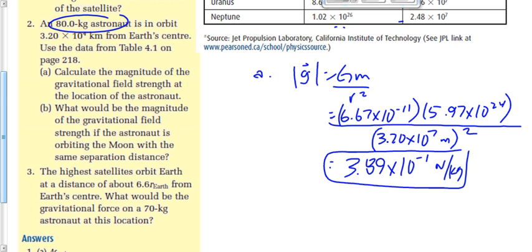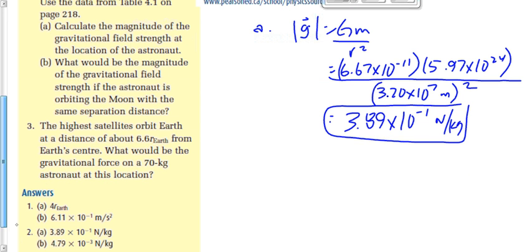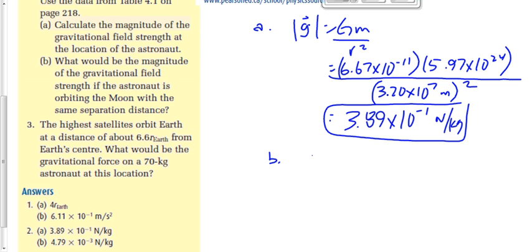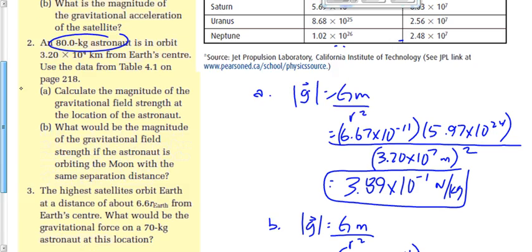In question B, we're doing almost the same thing, except we're using data for the moon now. g is equal to Gm over r squared. 6.67 times 10 to the minus 11 times the mass of the moon, which I think is 7.35.